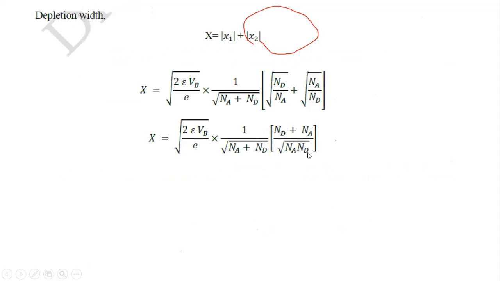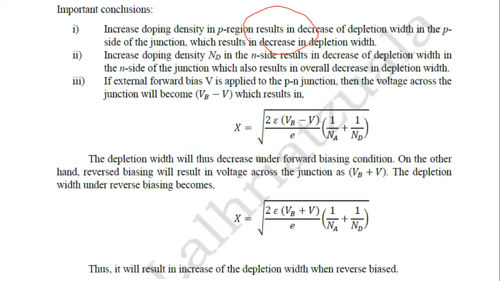And similarly, if you increase the value of Nd, the doping concentration on the n side of the junction, then your depletion width will also decrease. So you can decrease the depletion width by controlling the doping concentration.